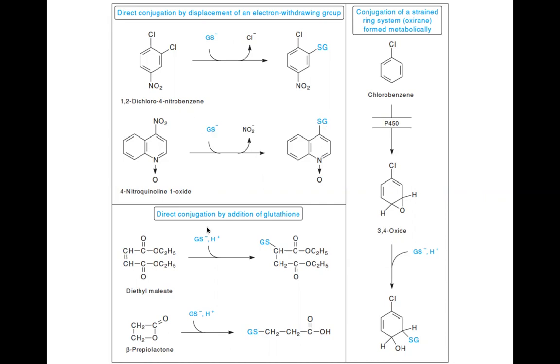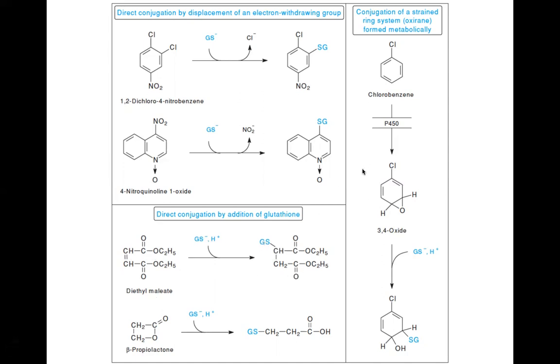While the direct conjugation by addition of glutathione means that, for example, in the diethyl maleate here, the double bond here in the C will be broken down by the GS, so the C double bond will be replaced by the C with the GS ion here.